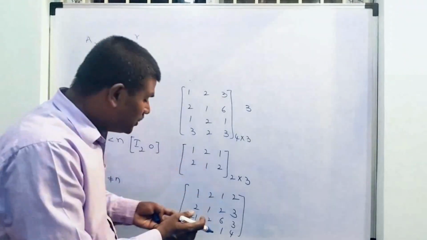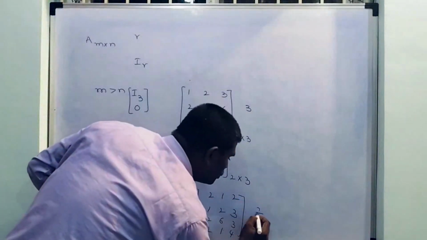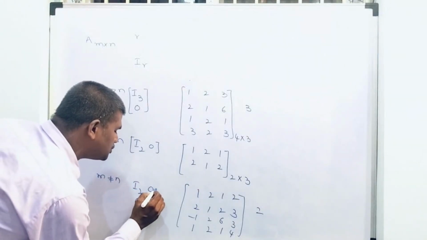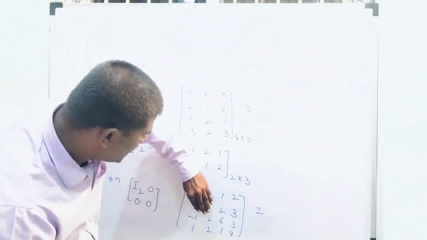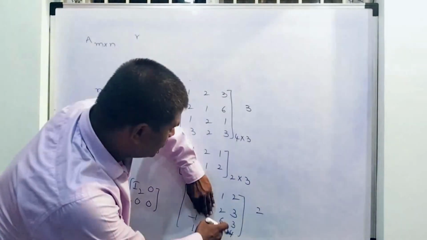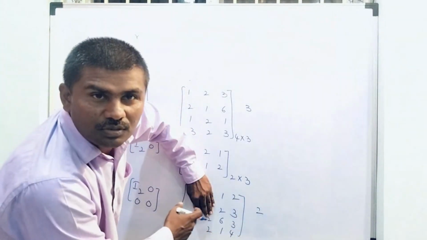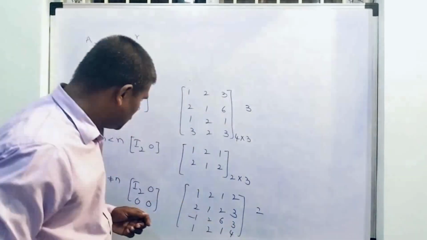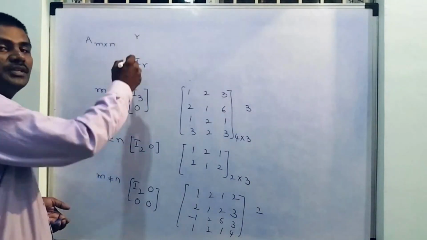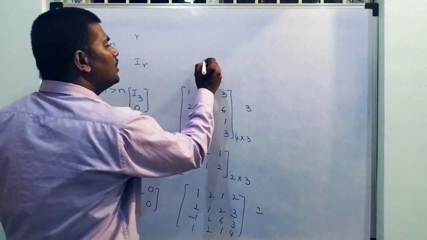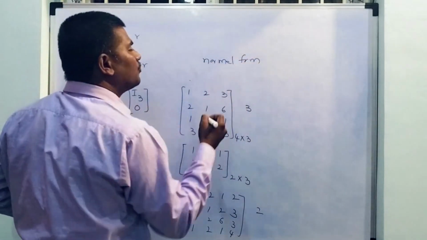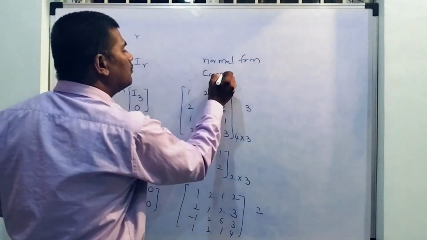If the rank of this matrix is 2, then it can be denoted with I2 0 0 0. That means this will be the identity matrix 1 0 0 1, and the rest of the rows will be 0 and the columns are also 0. This is denoted with I2 0 0 0. In any one of these forms, that is called the normal form, or canonical form.